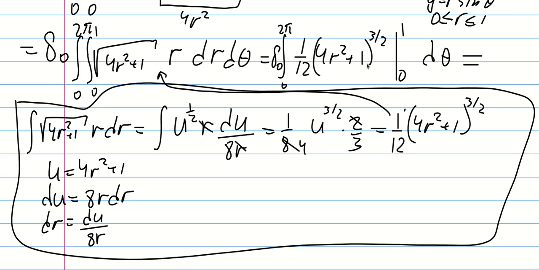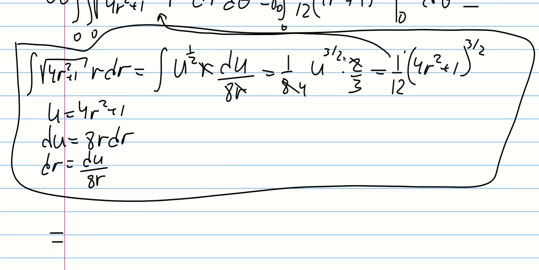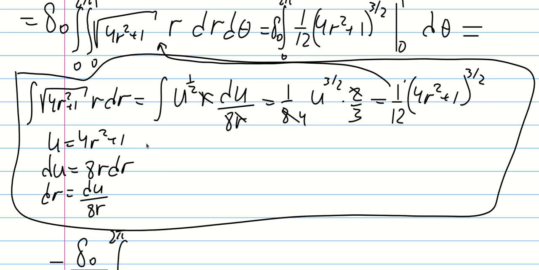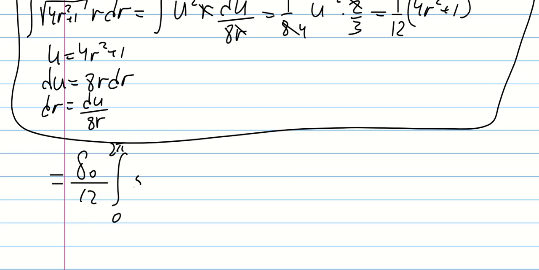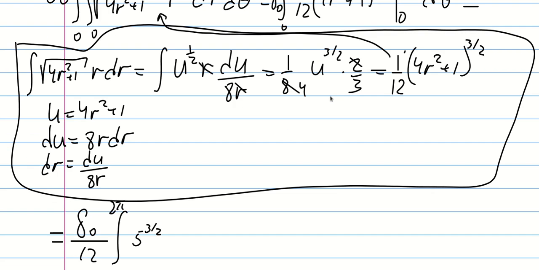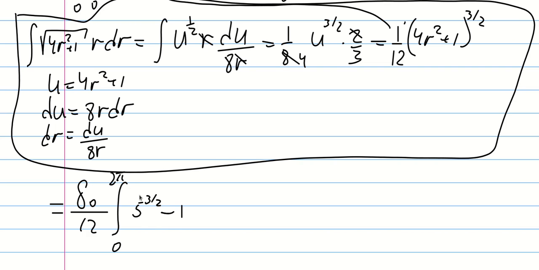And if we plug in 0, it's going to be 1 to the 3 halves, which is 1. So delta over 12, integral from 0 to 2 pi, 5 to the 3 halves, and if we plug in 0, this will be 1 to the 3 halves, which is 1. So it's minus 1 d theta.